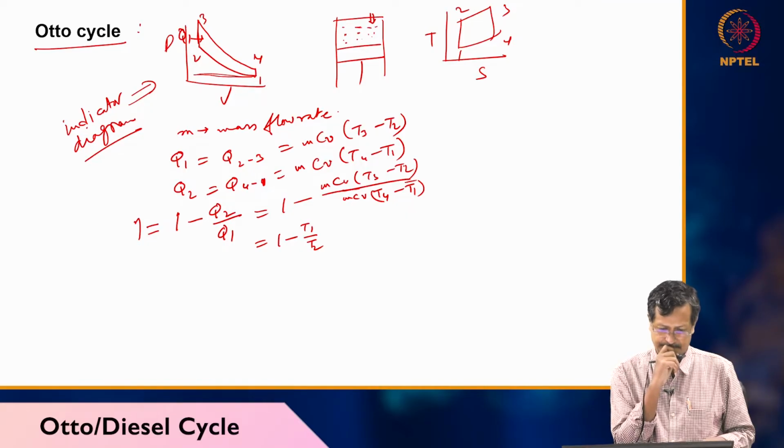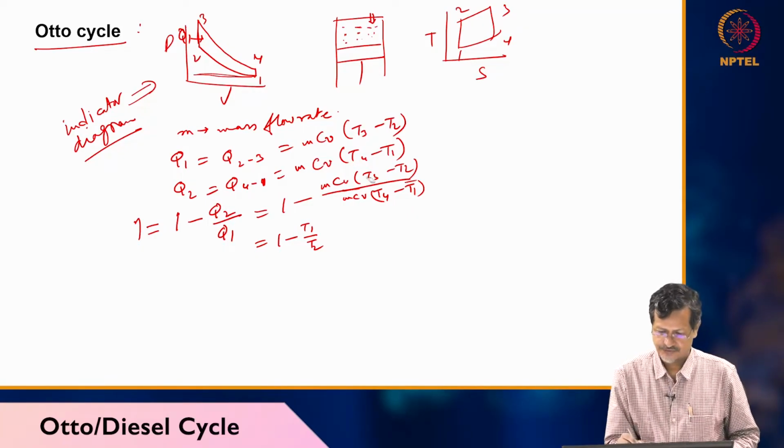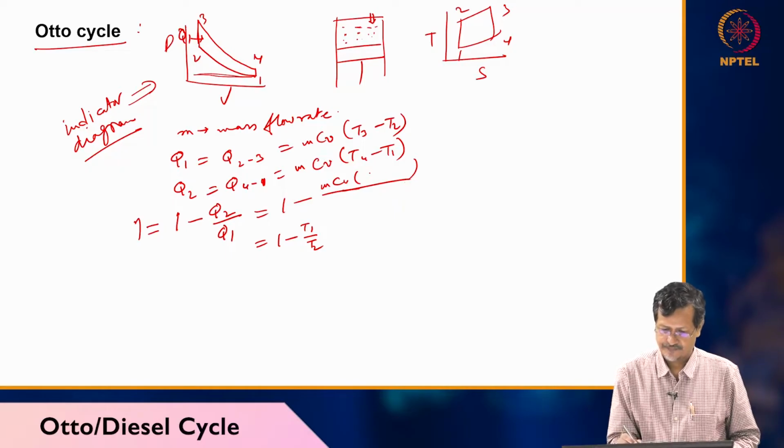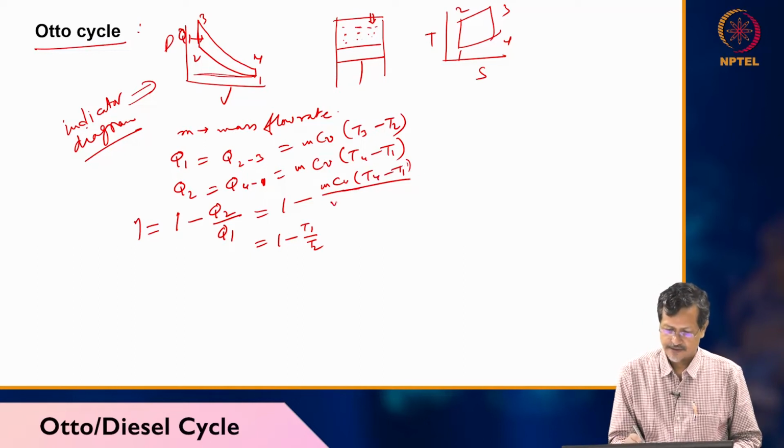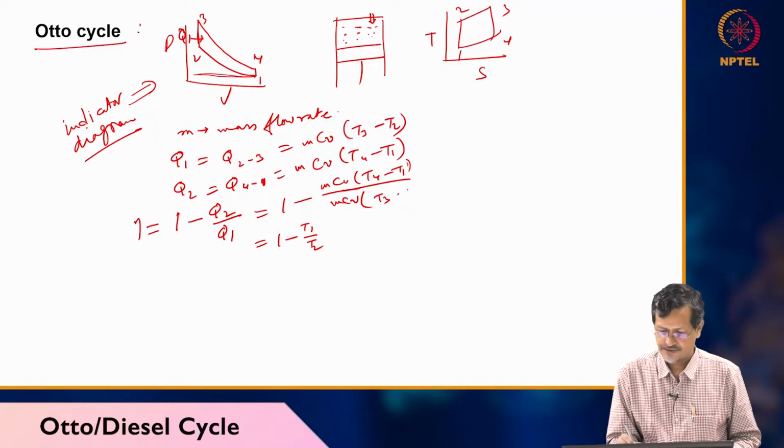Okay, this one: Q2 is T4 minus T1, and mCV T3 minus T2. Now, T1 by T2, so T4 by T1 minus 1, T3 by T2 minus 1.